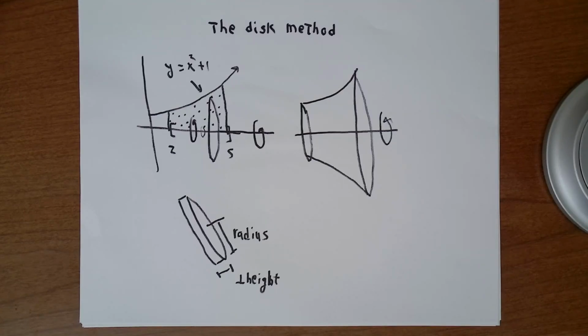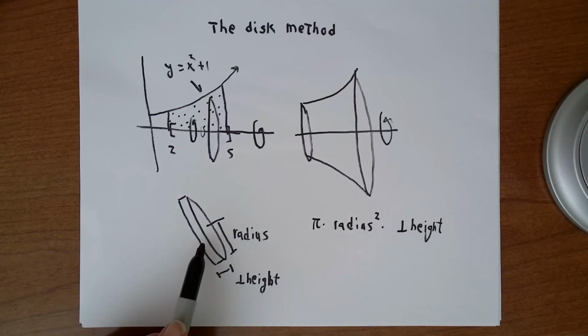Of course, for a circle with a certain radius, the area of the base will be pi times radius squared. If I could tell you in symbols, in some reasonable way, what the radius of such a thing was and what its perpendicular height is, then I would know how to calculate the volume of something like this.